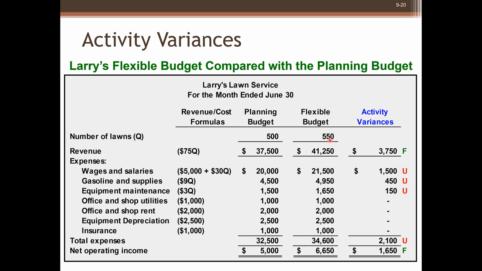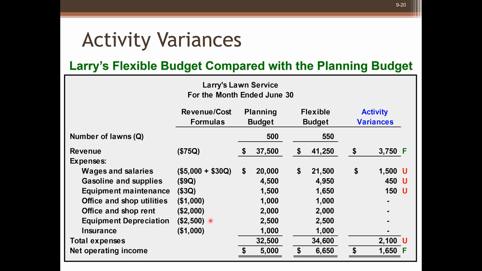The flexible budget is prepared for the actual level of activity, 550 lawns here. For revenue, variable expenses, or mixed expenses, both budgets follow the formulas, and we can get the numbers here.